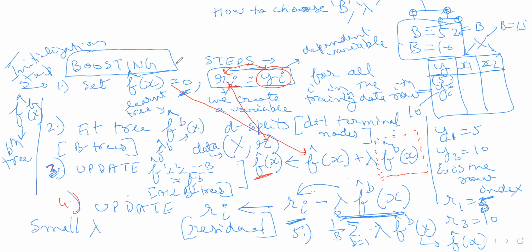So if you run this iteration, you will do it for B equal to 5 versus B equal to 10, the same 4 steps, and you are going to test the prediction on the test data.